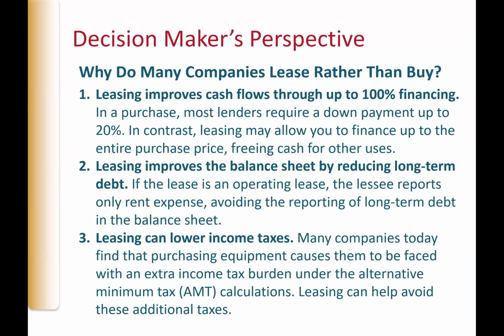And we talked about leases too. There's an operating lease and there's a capital lease. Capital leases are basically when you're purchasing an asset, but you're treating it as though it's a lease.